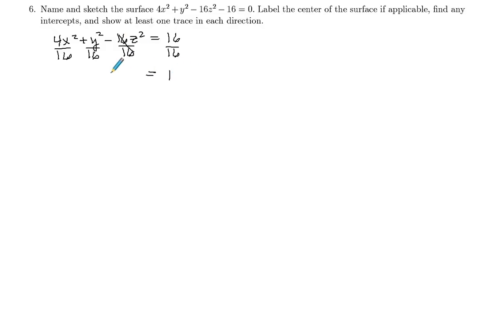These guys cancel. Got a negative z squared there. And then this is going to be y squared over 16, or 4 squared if you want. 4 cancels into 16 4 times, so x squared over 4. So there's our standard form, and this is a hyperboloid of one sheet.